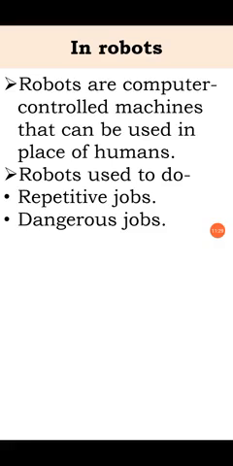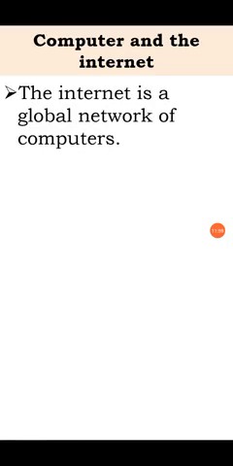And for dangerous jobs, for example, going into a building to find a bomb, finding objects deep under the sea, and exploring other planets. To find a bomb in a building can be dangerous to humans, so for that job we can use robots.